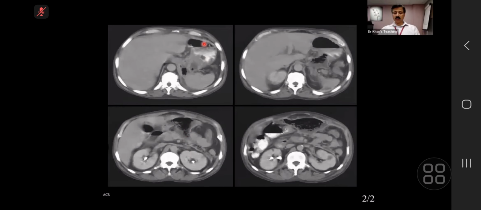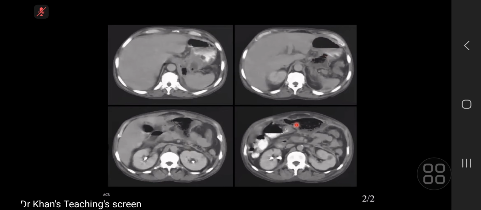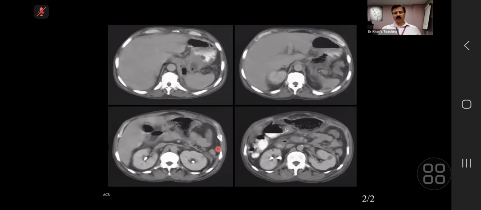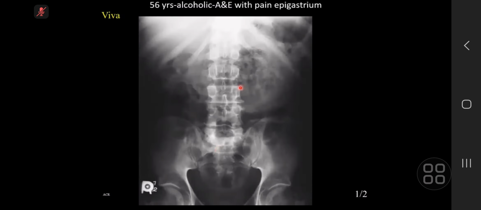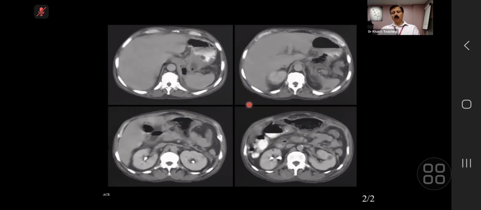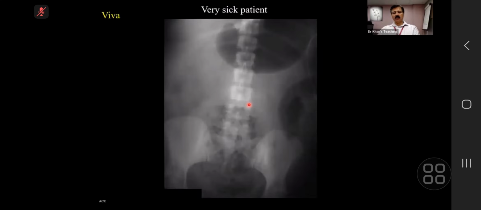Anatomy wise, if you see, this is the stomach. Behind it, this is what we call the lesser sac. Oh, yeah. Right? Of course, if you had all the sequences, you would have picked it up. So this is a what? Pancreatic abscess. Right? This bubbly appearance. This is a complication of acute pancreatitis, and this is a pancreatic abscess of the lesser sac.